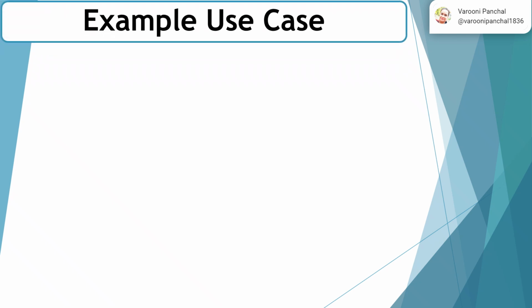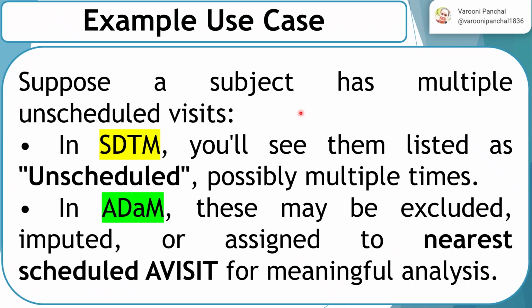So this is the difference between the SDTM.VISIT and ADaM.AVISIT variables. Now, an example use case. Suppose a subject has multiple unscheduled visits. In SDTM, you will see them listed as unscheduled, possibly multiple times. Say, for example, I am doing a blood cancer related study, and the blood is not coming, so maybe the blood is collected multiple times.